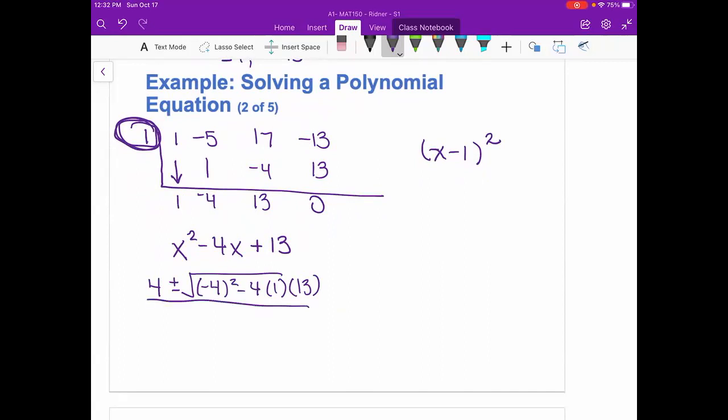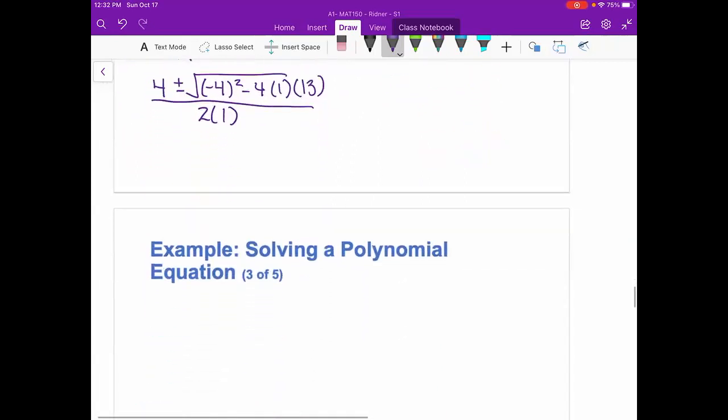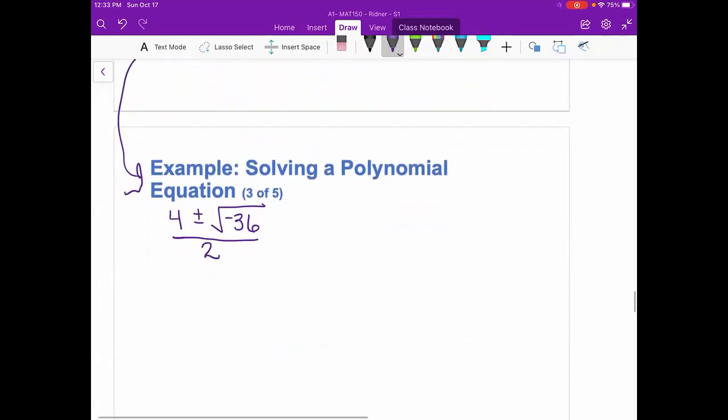All over 2 times 1. If I keep that going, because I'm running out of room, I'm going to jump that down to the next slide. I get 4 plus or minus square root -36 all over 2. Square root of 36 is a perfect square, and it is 6, but since it is negative, I have to bring the i with it to state imaginary.